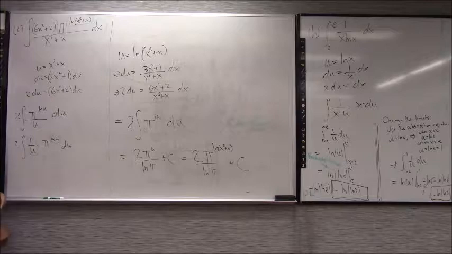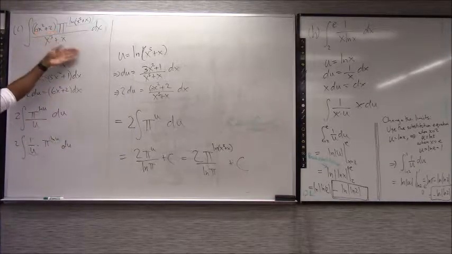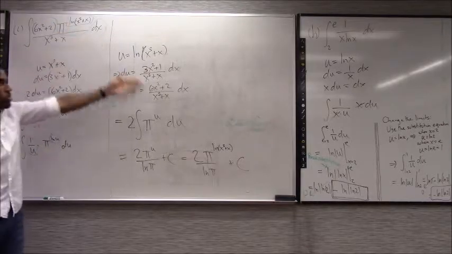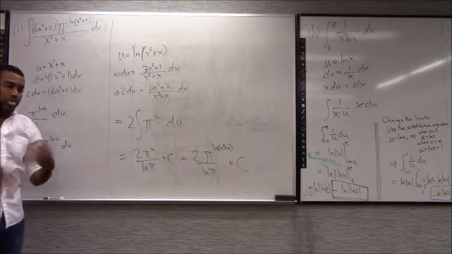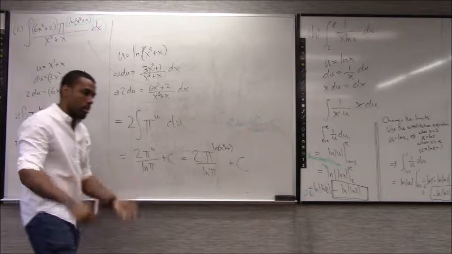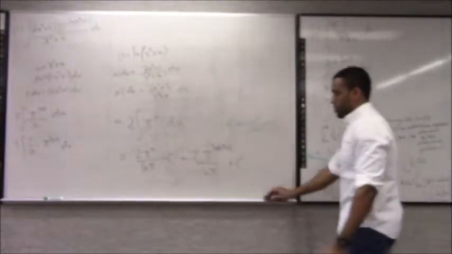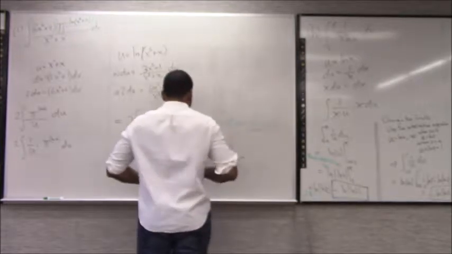Now, if you can make a substitution to get rid of the complicated part, but its derivative is not somewhere else in the function, then substitution just wouldn't work. You need another technique. We'll learn techniques to deal with that later.